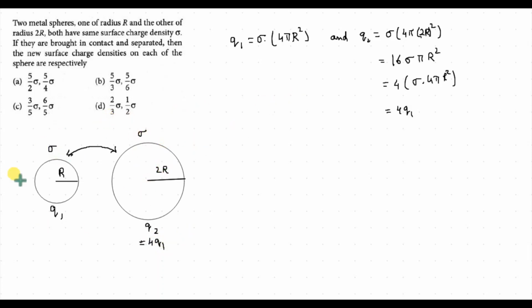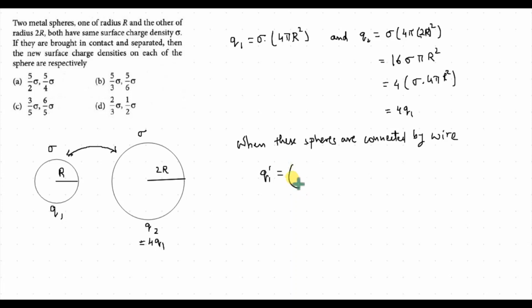Now when these two spheres are made to contact, because they are connected by a conducting wire, their potentials will become the same.